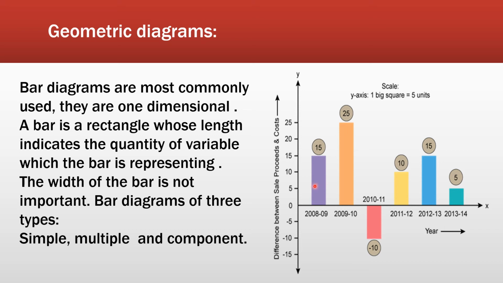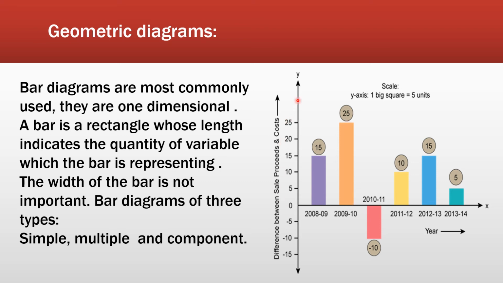The width of the bar is not important in a simple bar diagram. Bar diagrams are of three types: simple, multiple, and component. A diagram wherein the width of the bar would be important is a histogram, which we'll deal with later when we learn about frequency diagrams.